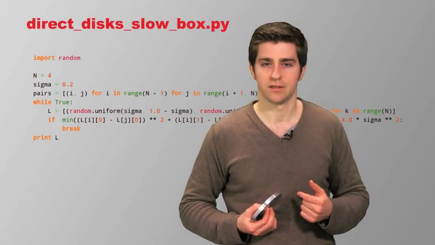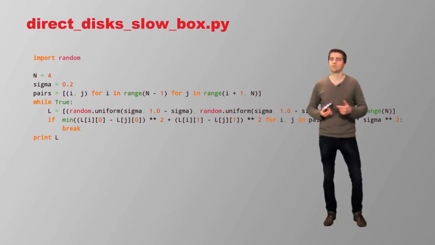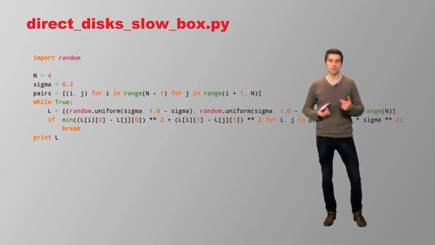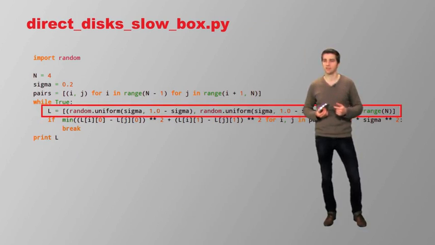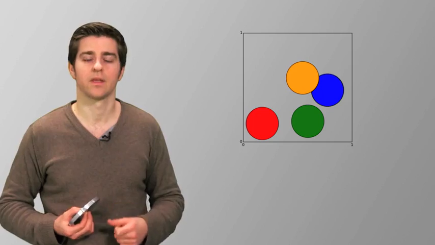The argument we just used for the discrete model applies also for the 4 hard disks in the 2-dimensional box if we reprogram direct disk box.py so that it places the 4 disks at randomly chosen positions without checking for an overlap.